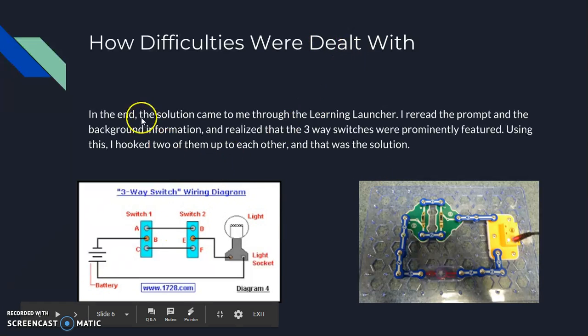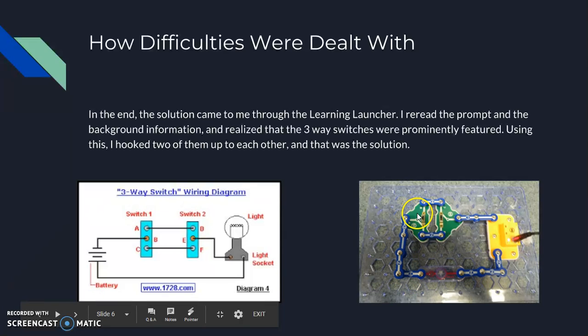I figured out that they wanted us to use those three-way switches, because they put so much focus on those, and I figured if I connect two of them to each other, I'll be able to switch one and turn the light on or off, and the other one does the same. So essentially, the power goes out through this side, because this is the negative, the power always starts from the negative and goes to positive, and the path goes through the bulb, which is off, and gets to here.